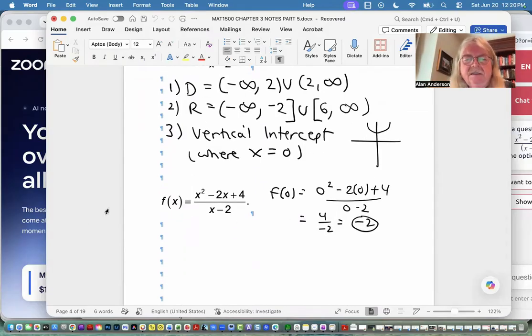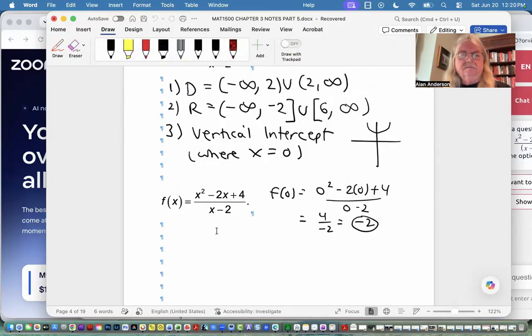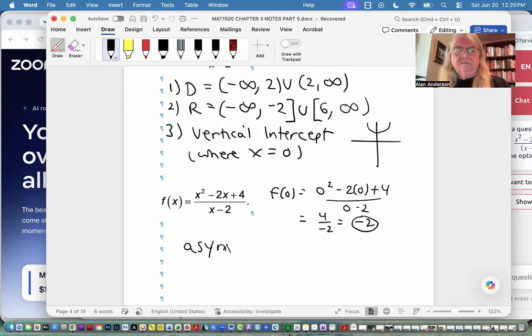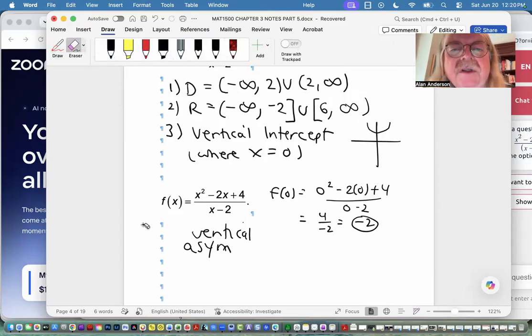Well, remember, this is where we determined that there was an asymptote. No, oh no, sorry, this is where we're looking for the intercepts.